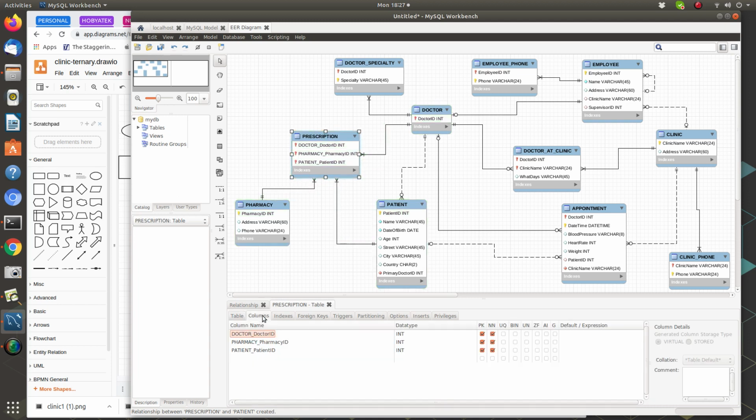So let's go in there now and fix these names the way I like, and also put in the partial key.